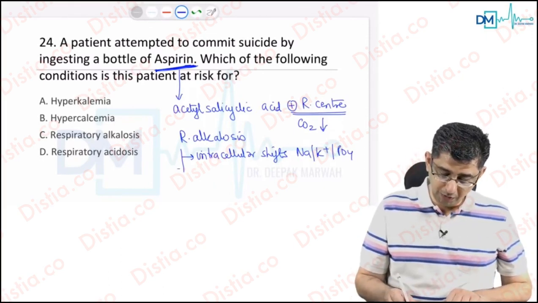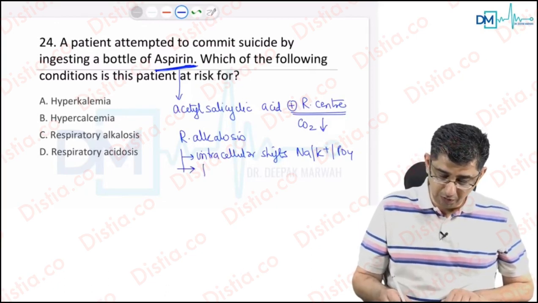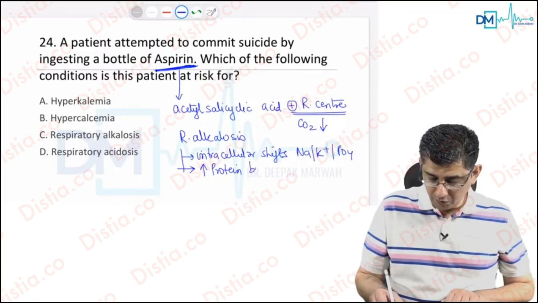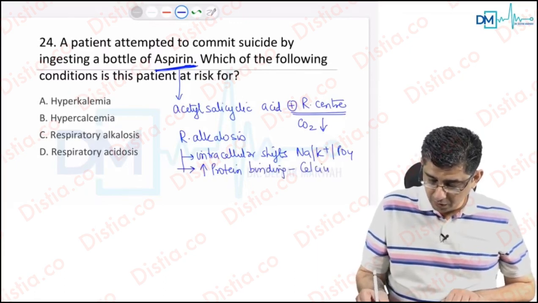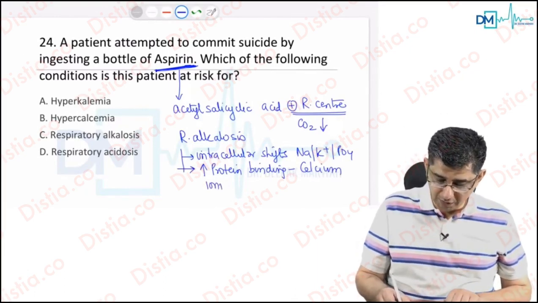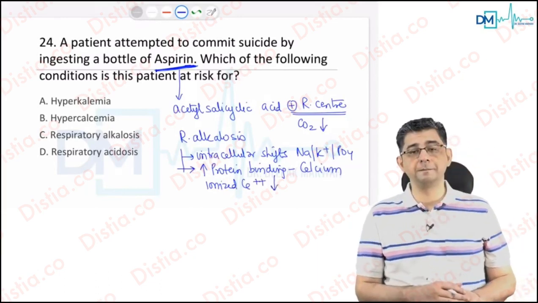You will also remember that in respiratory alkalosis, there will be increased protein binding, and this increased protein binding will be for calcium. As a result, the value of ionized calcium will tend to reduce, and therefore tetany can develop in the patient.